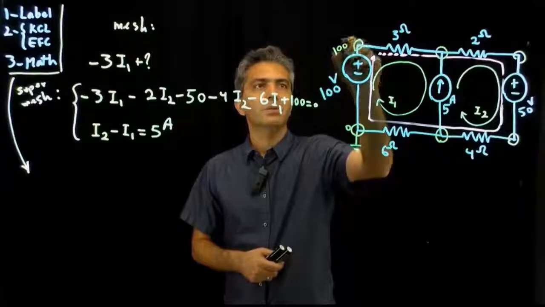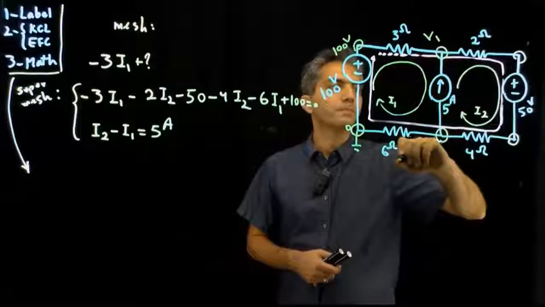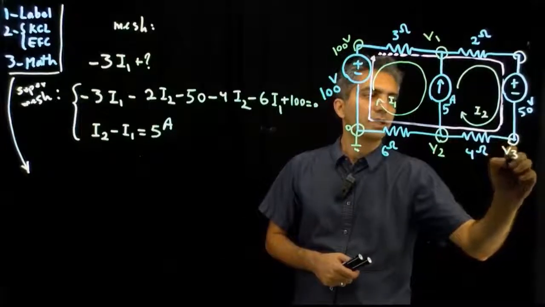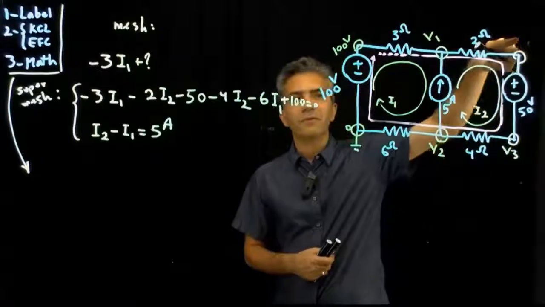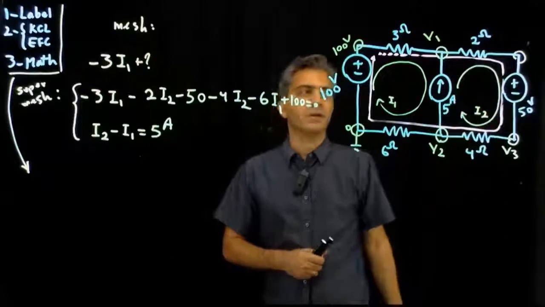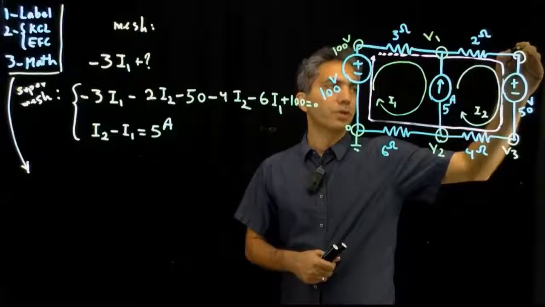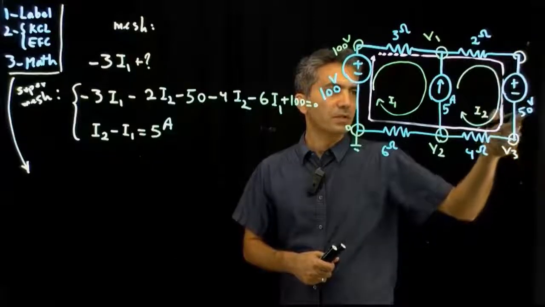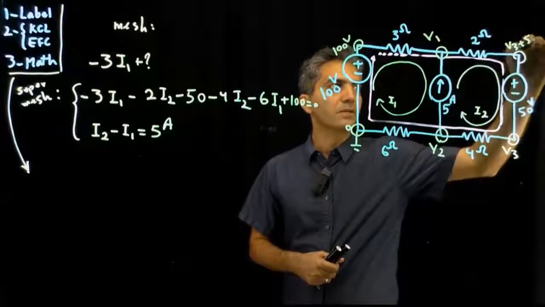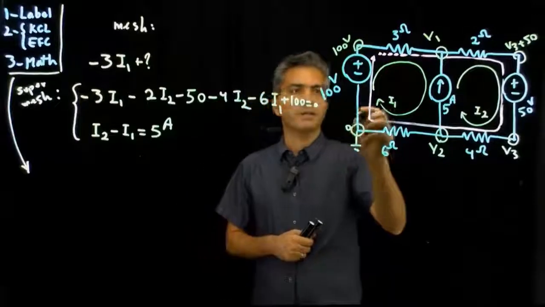At that point, this becomes 100 volts. This would be V1, and call that V2. Call that V3. And then I can call that either V4 or write the equation for this component right here and avoid defining a new unknown voltage. This voltage minus that is 50 volts, which means that voltage is V3 plus 50.